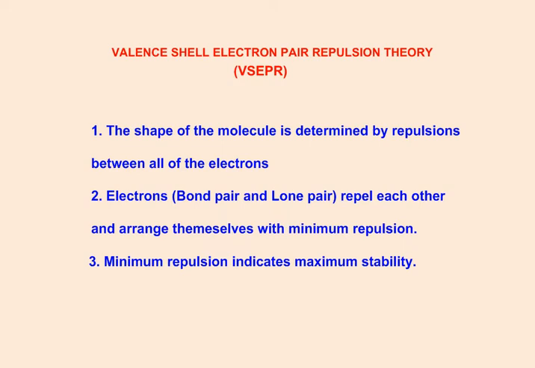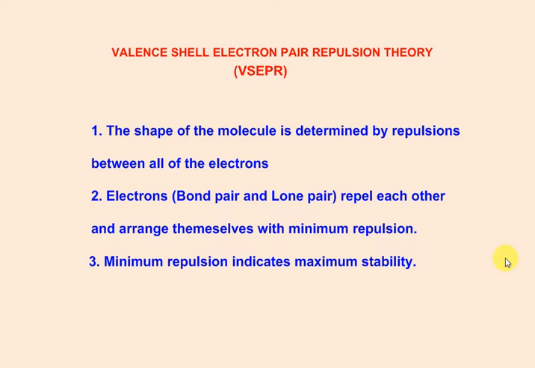All electrons means bond pair electrons and lone pair electrons. According to valence shell electron pair repulsion theory, molecules arrange the electron pairs in such a way that they create minimum repulsion, and the minimum repulsion gives high stability to the molecules. This phenomenon is very important for arranging the electron pairs in the molecules.